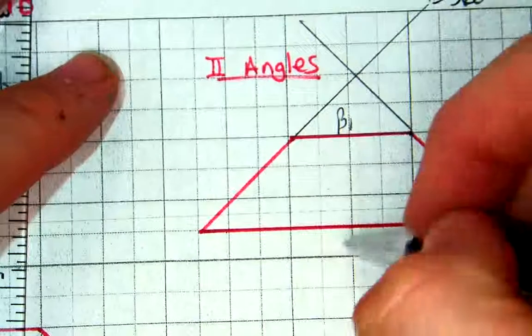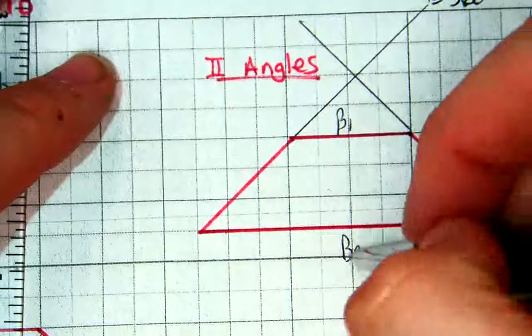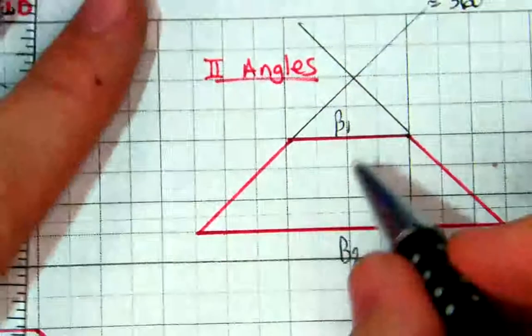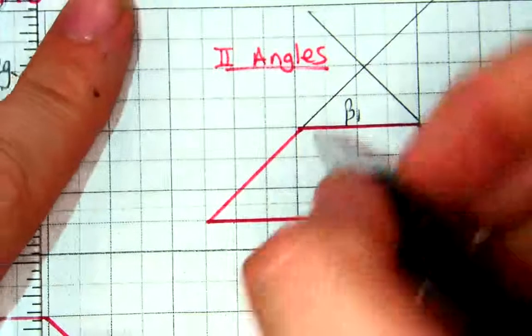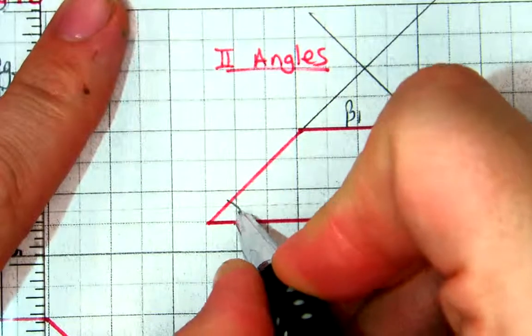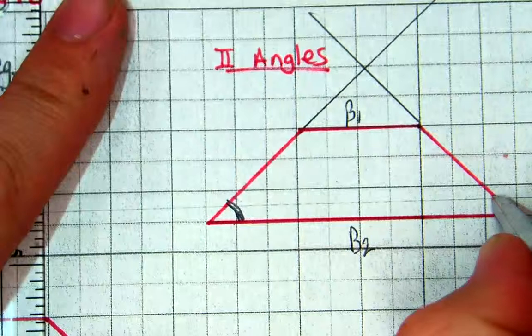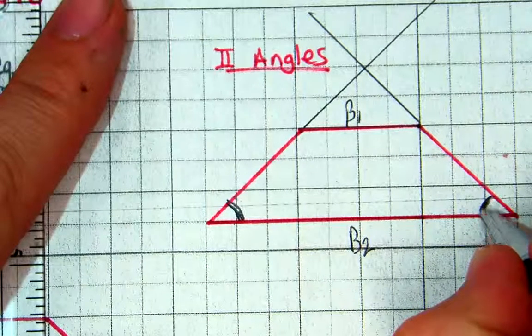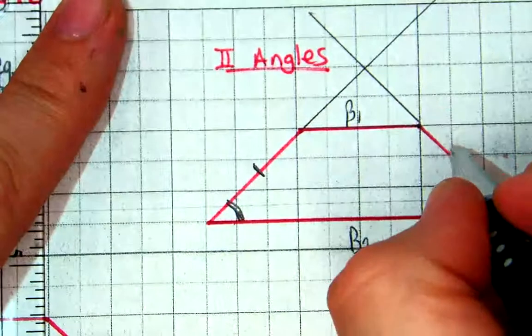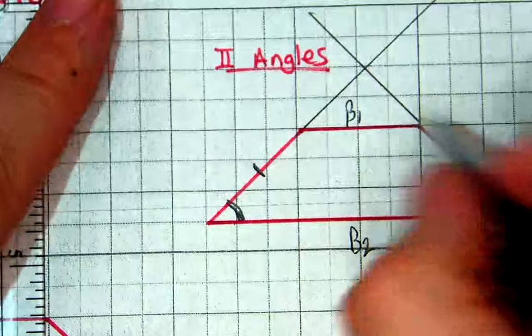That's base 1, that's base 2. Now, the cool thing is there are two base angles here. This angle is congruent to this angle, because this side is congruent to this side.